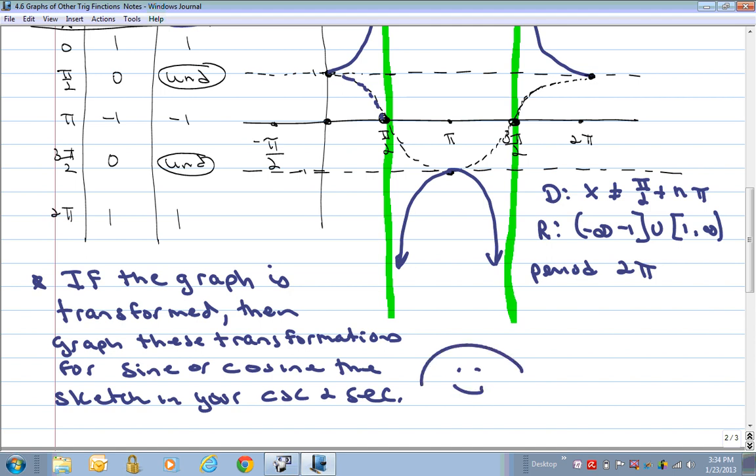All right, that's a big helpful hint, and you should be pretty good on cosecant and secant. All right, let's move on to tan and cotan.